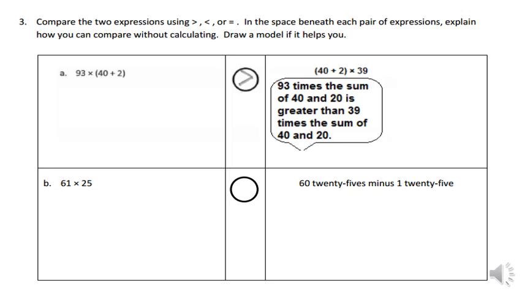So 60 25s is going to be 60 times 25 minus 25. Well, 60 25s minus 1 25 is going to give me 59 times 25. And by looking at these two now, we can see that 59 times 25 is going to be less than 61 times 25. So it would be greater than.